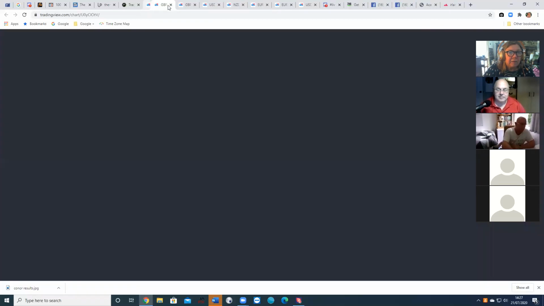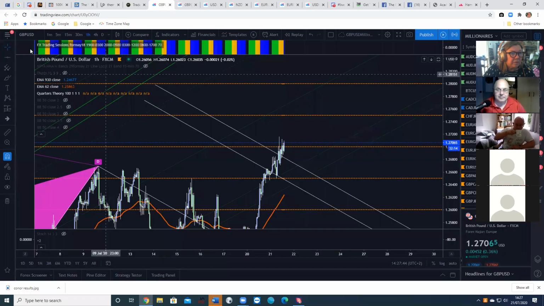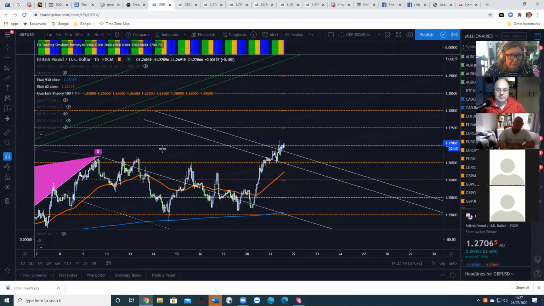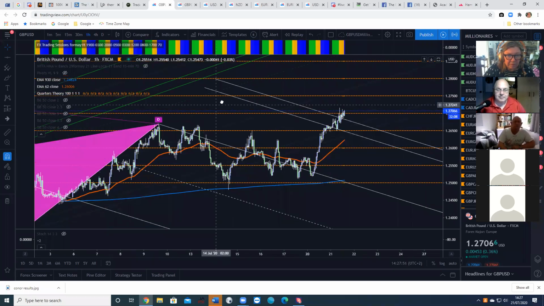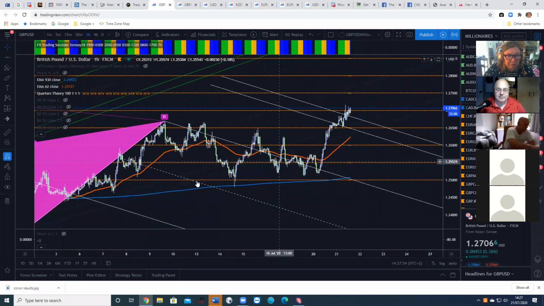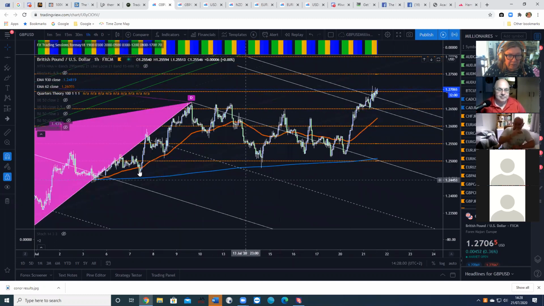And GBP USD, that's come right out the top of these extensions. And it's in an old scan. So it didn't make the median on this one. And it's in this scan back here.